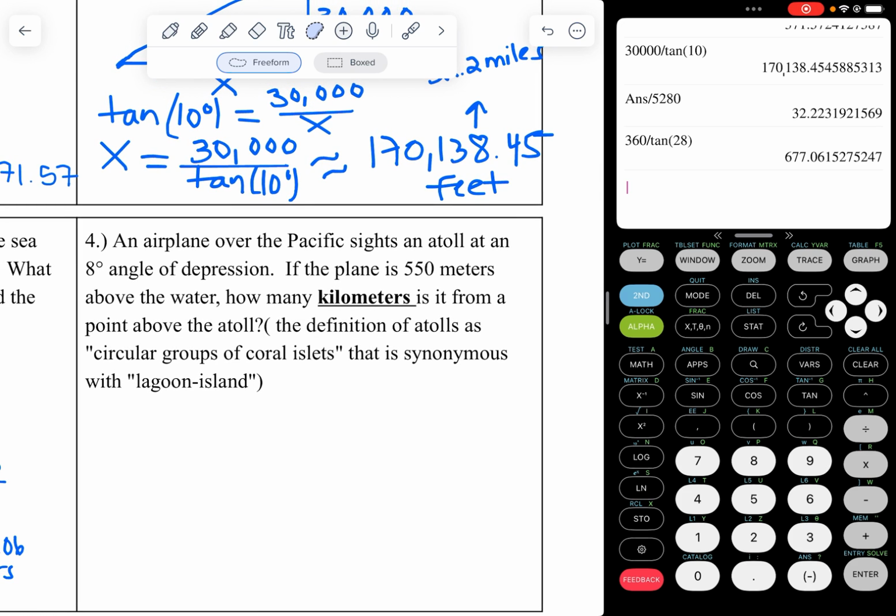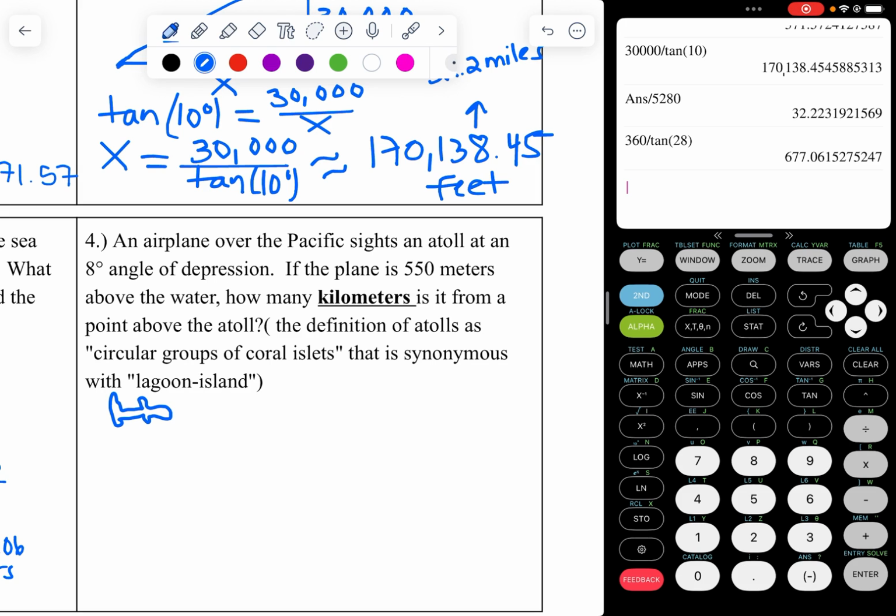All right, so we will try to draw another airplane here. I'm clearly not very good at drawing airplanes, but pretend that's an airplane.